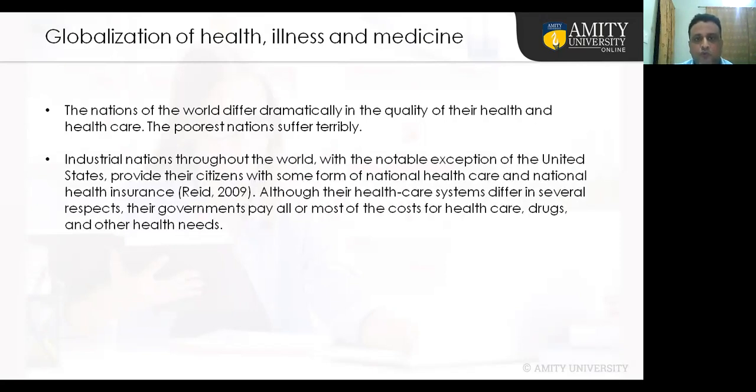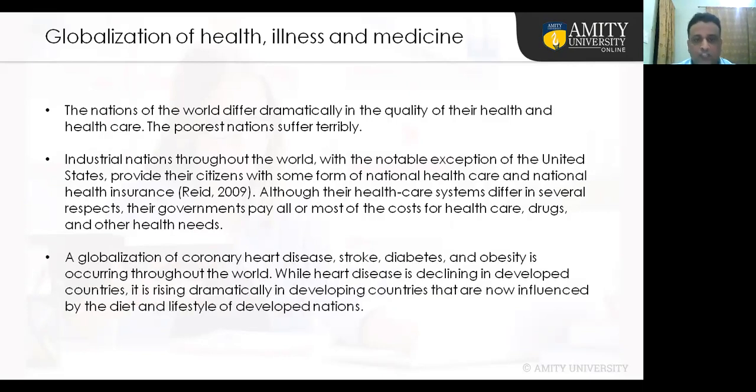Industrial nations throughout the world, with the notable exception of the United States of America, provide their citizens with some form of national health care and national health insurance. Although their healthcare systems differ in several respects, their governments pay all or most of the cost for healthcare, drugs and pharmaceuticals, and other health needs.